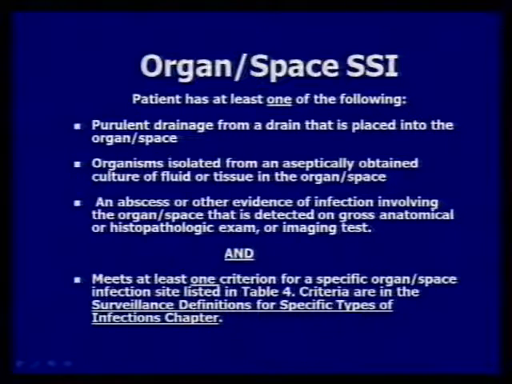And again, remember, if it's organ space, they've got to meet those criteria, and then they've also got to meet at least one criterion for a specific organ space infection that's listed in your protocol in Table 4, under the surveillance definitions for specific types of infection chapter.